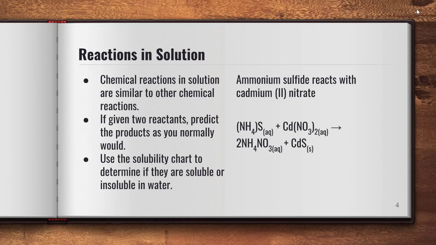But cadmium 2 sulfide does not, so we label that an S. It's the same process that we've done before when we've gone through and looked at chemical equations and balanced them. But the difference here is that we are adding states of matter by utilizing the solubility rules that were discussed in the previous video.